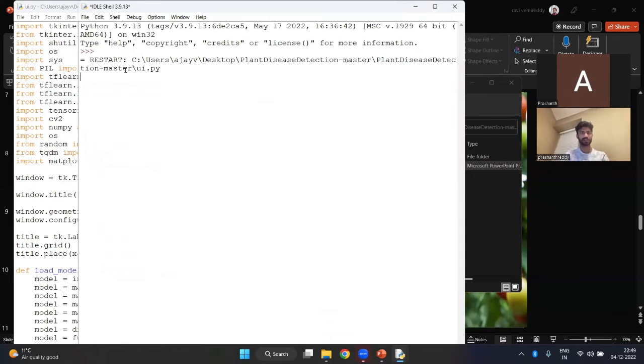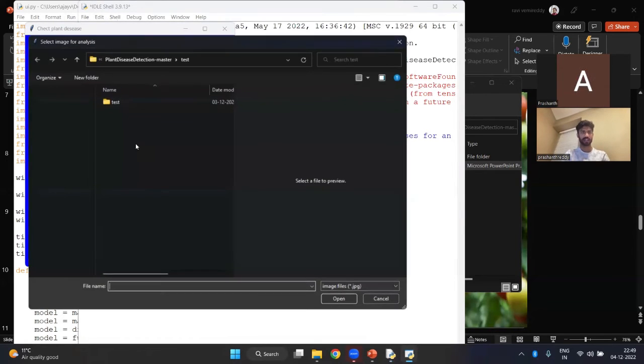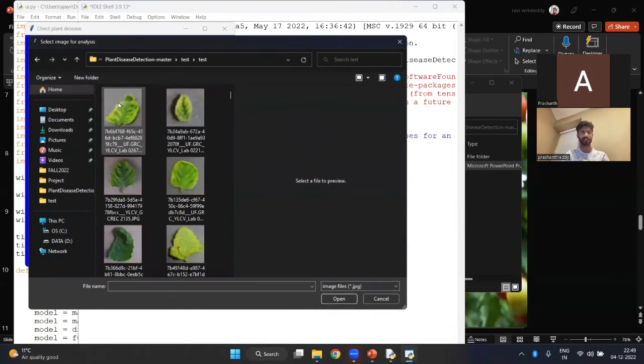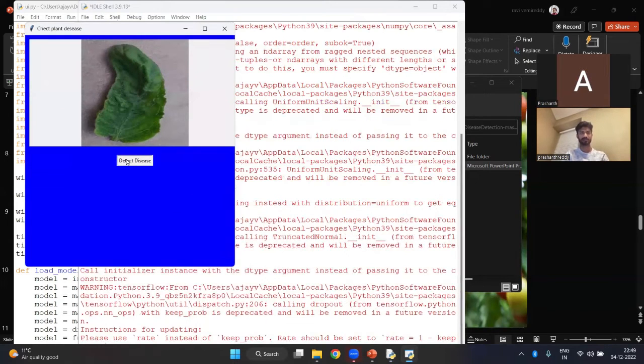After this run, we land on the landing page. It takes some time. Here I'm selecting a healthy leaf, which will tell us its status. It's unhealthy only, bacterial spot. Like this, if we select a healthy leaf, it will tell us it's healthy.